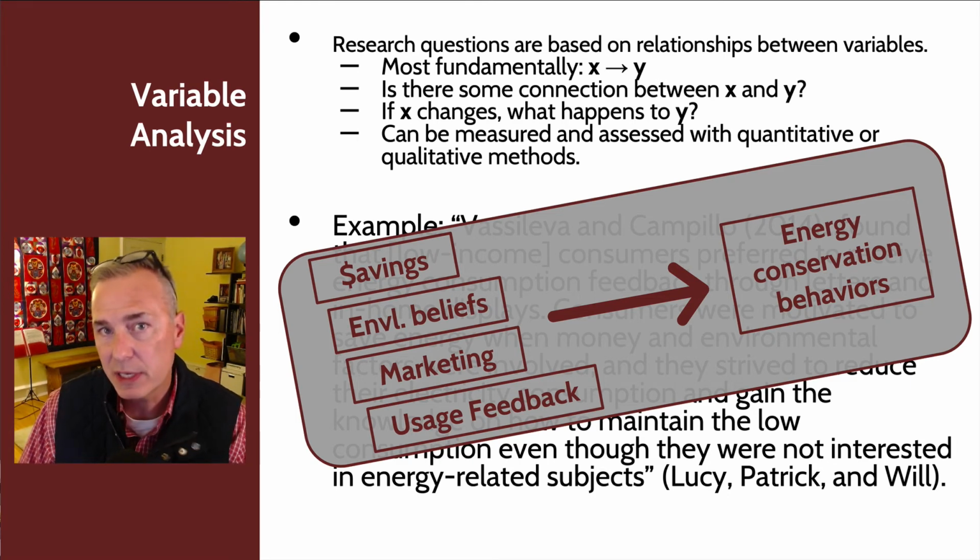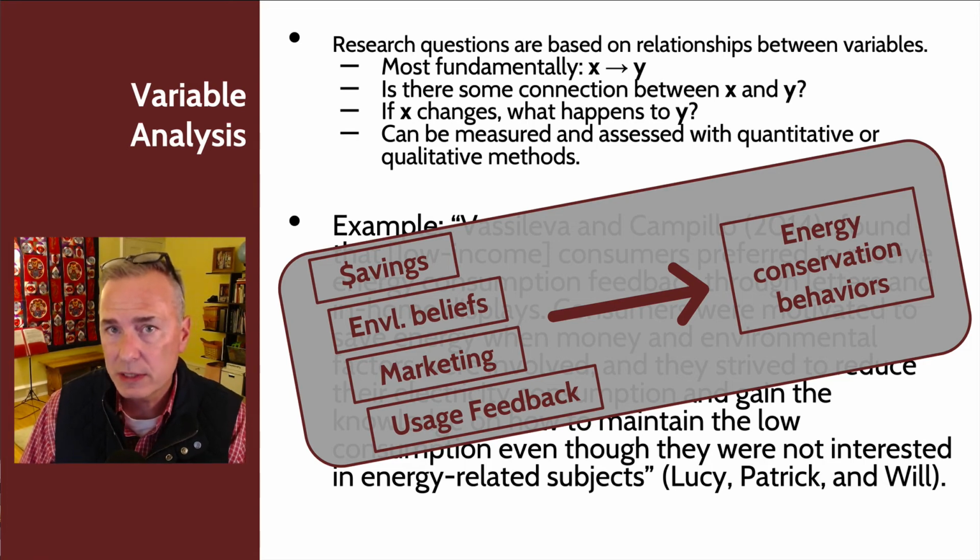Especially if you're like me, a visual learner, I like to just take a piece of paper and sketch some of these things out. Which are the independent? Which are the dependent? Which ones seem to be present in the literature? What do we hypothesize might be an impact that we want to maybe measure through our research?